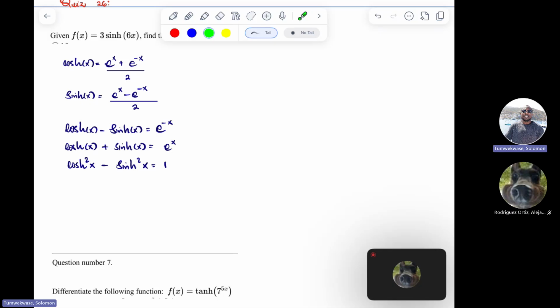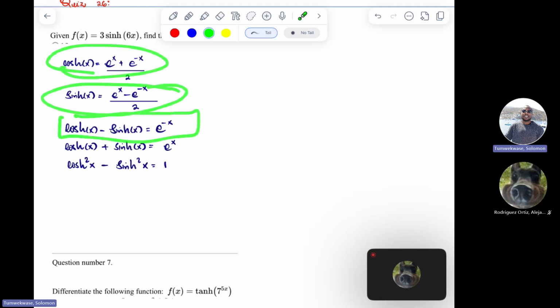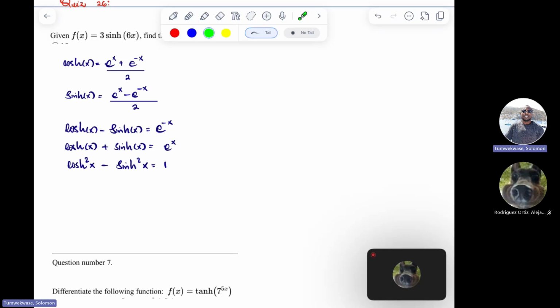But if you remember this, you should be able to prove all of this by just substituting these exponentials wherever we have sine hyperbolic and cosine hyperbolic.